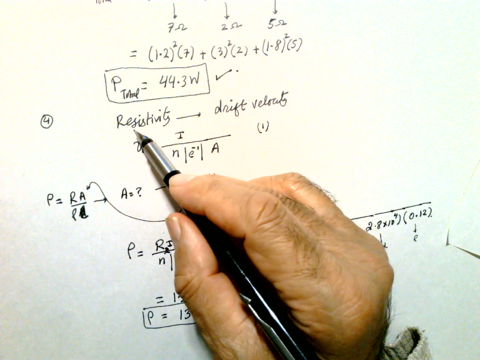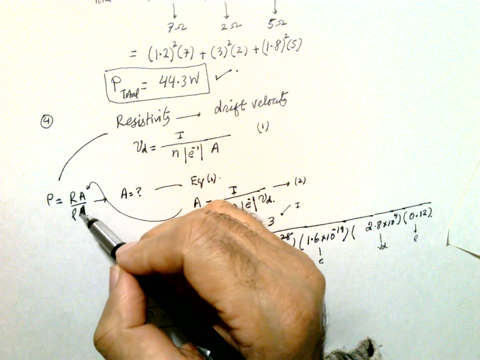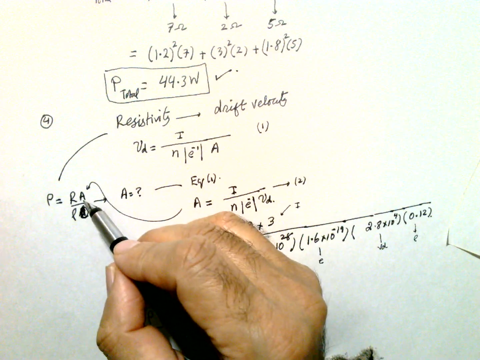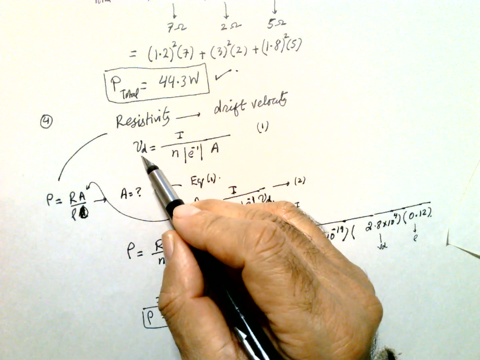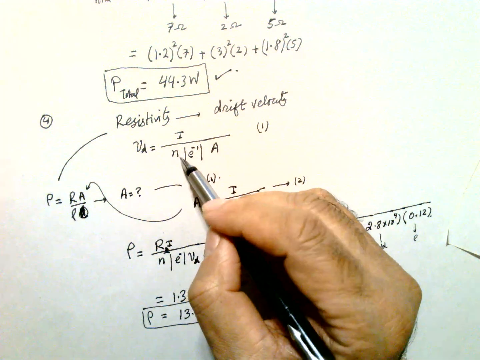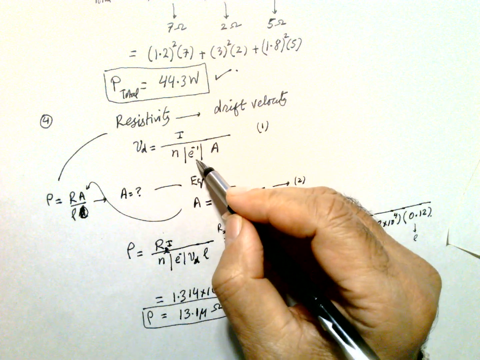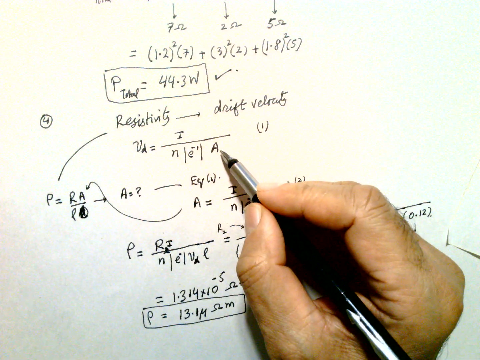Next one is find resistivity. Resistivity rho is equal to R A over L. So here we have to find A. Drift velocity is current divided by number density times charge times area, cross section.